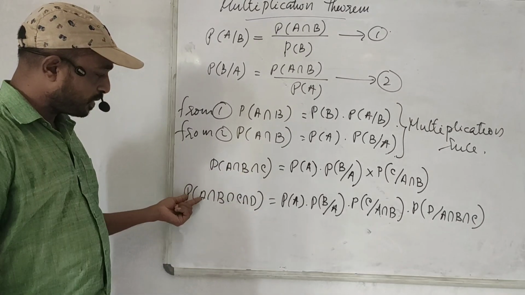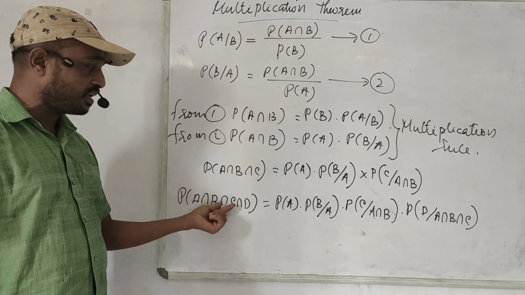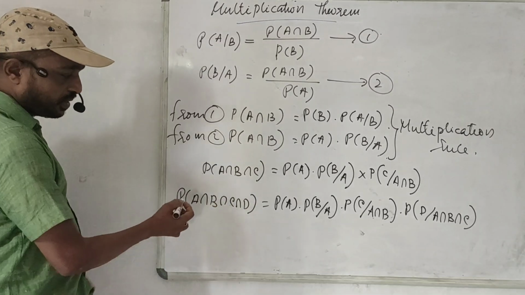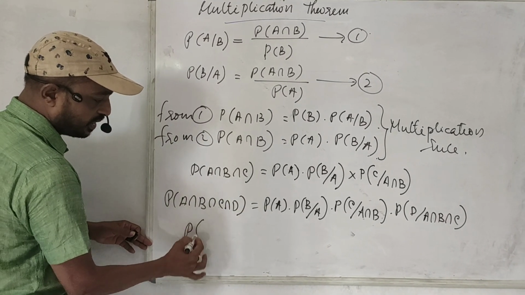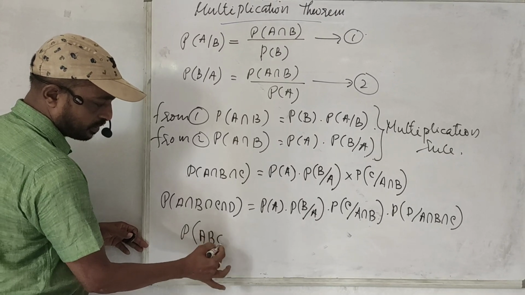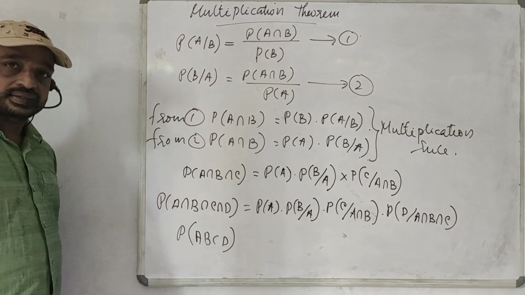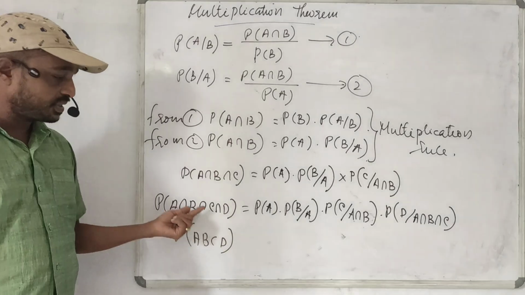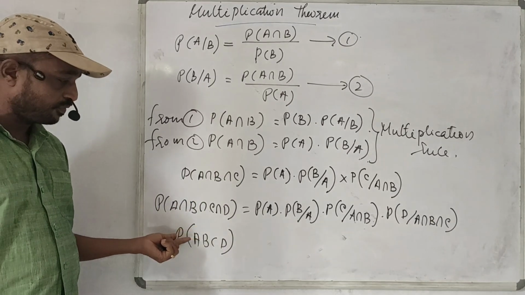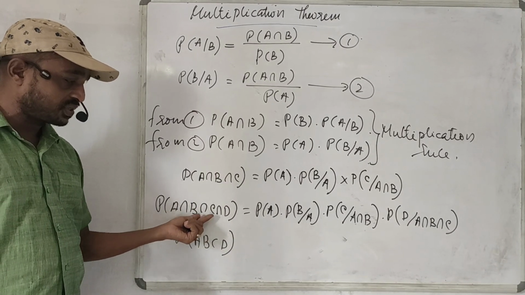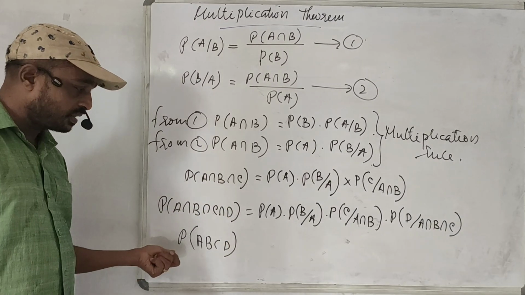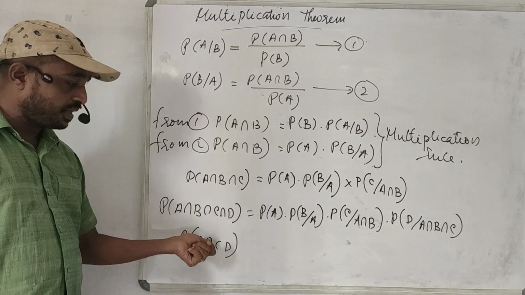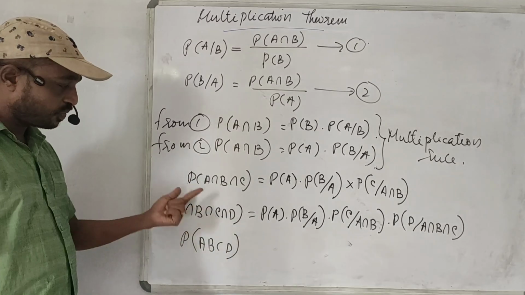So what is the meaning of P of A intersection B intersection C intersection D? See, usually P of A intersection B intersection C intersection D is written as P of A B C D. So what is the meaning of P of A B C D? It is the probability of A intersection B intersection C intersection D. It is probability of happening all the events A, B, C and D. So what is the rule?